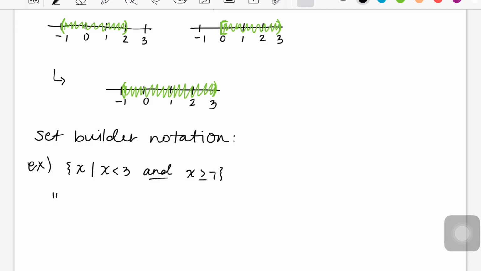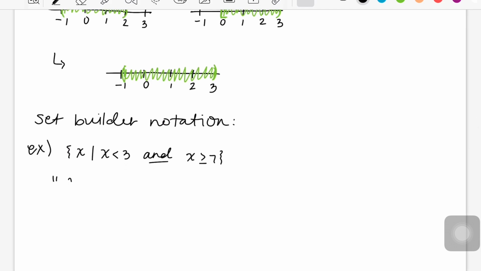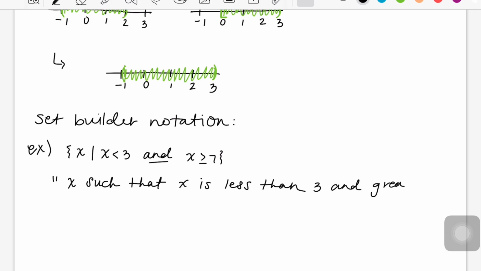And what this translates to exactly is that we have some x values. Sorry, I abbreviated that, but let's just write it out. x such that x is less than 3 and greater than or equal to 7.